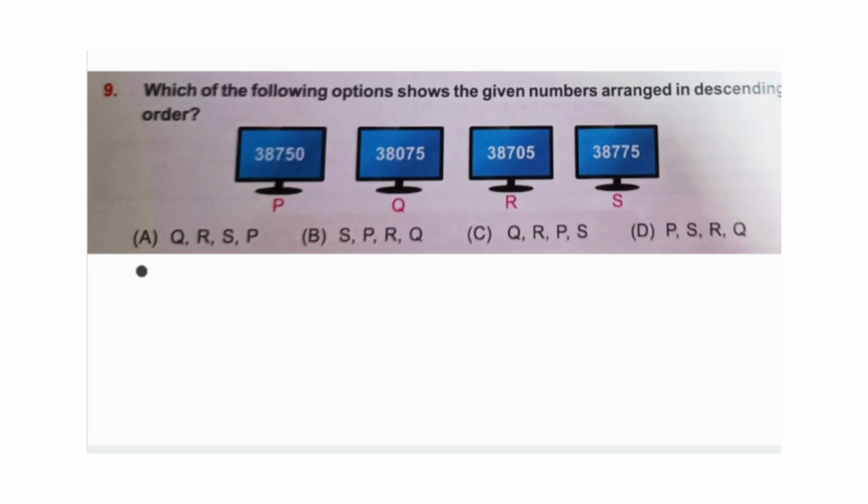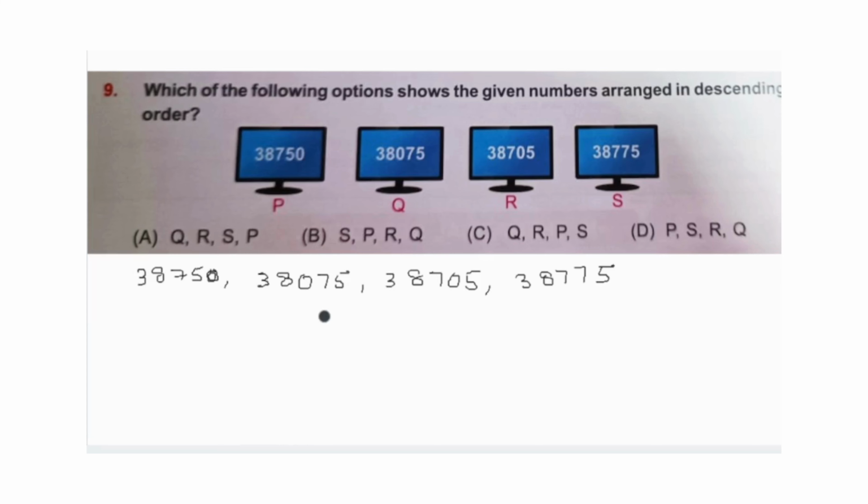Our values for P, Q, R, S. Let's write the numbers, which is 38750, and then you have 38075, and then you have 38705, and finally you have 38775. Let's write these numbers in descending order.